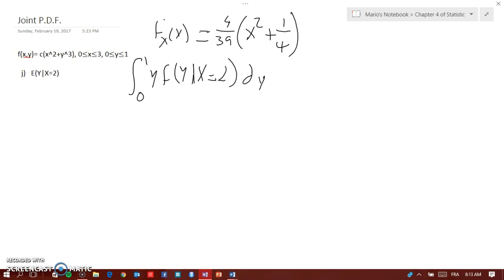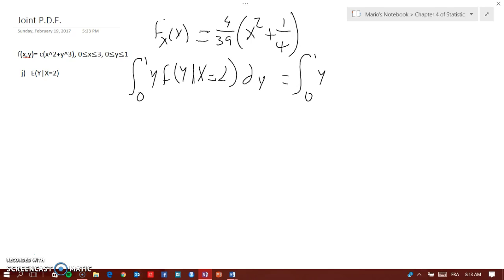What we're going to do is, because it's y times that, we get the integral from 0 to 1 of y times the conditional. Remember, the conditional probability is f of xy over f of x.